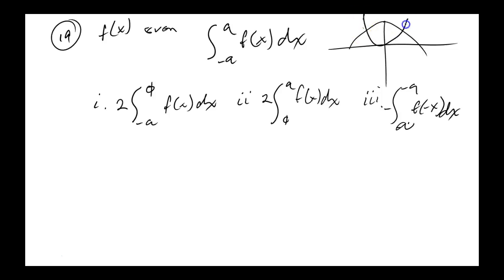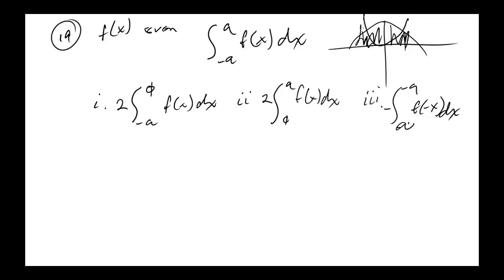Okay, parabola. Doesn't matter. So the integral from minus a to a of that even function is going to be the area under the function wherever that is. Whatever you do is going to be twice from minus a to 0 or twice from 0 to a.